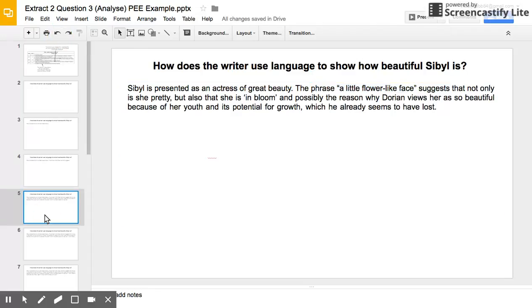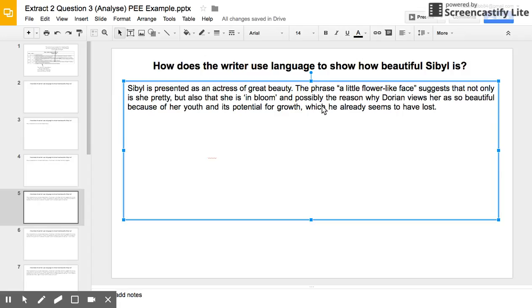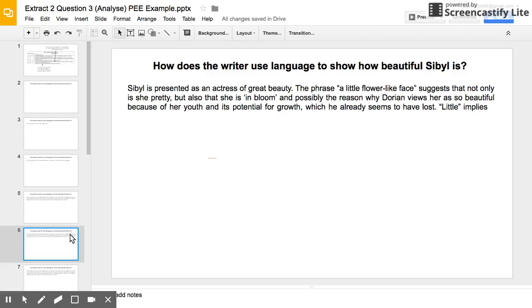Then I just continue with my explanation there. I've tried to extend it here with a connective, and actually I've done that twice. So I'm just trying to not just say one thing, I'm always trying to extend it. The easiest ways to do this is with because or which. But here is how I've extended it. Again, I would be looking for the key word.